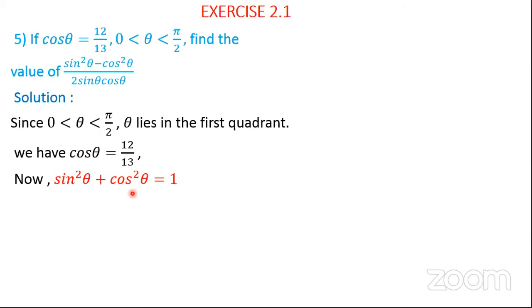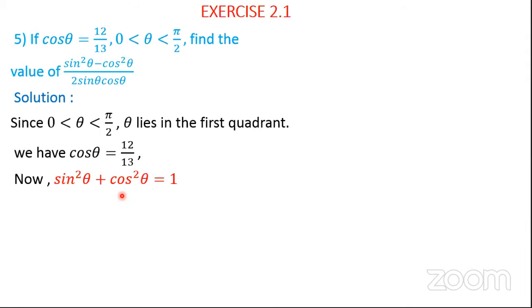Using this identity, we can find the value of sine theta, because for the given expression, we require the value of cos theta and sine theta. Cos theta is already given, 12 by 13. So let us find out the value of sine theta using the fundamental identity.